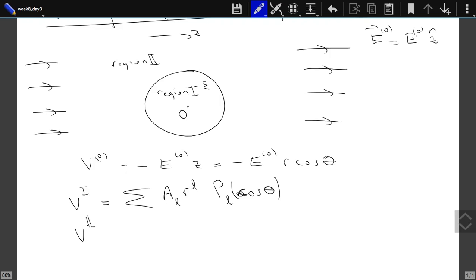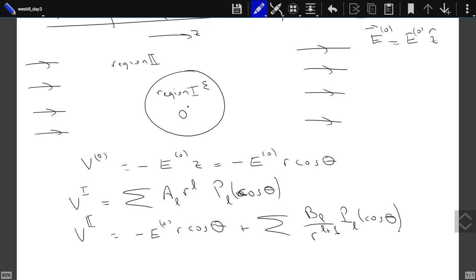Outside, let me write it in this form, minus E0 R cosine theta. Asymptotically, this term satisfies my Laplace's equation. So let me add another unknown term, BL over R to the L plus 1 times PL cosine theta.